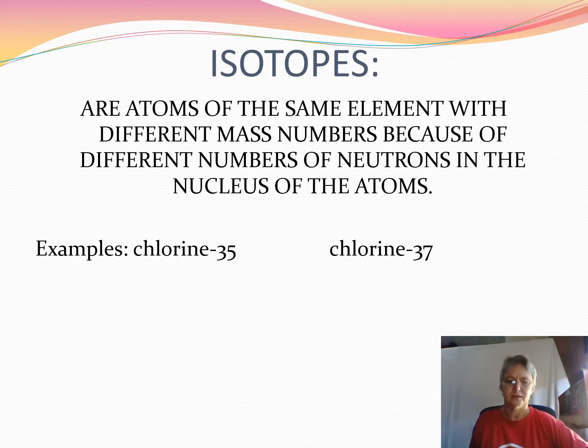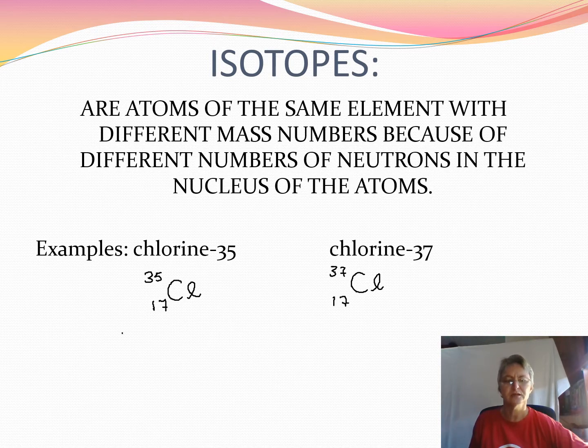Isotopes mean that you've got chlorine atoms. This is chlorine 35. So the mass number is 35, but the atomic number is 17. This one, chlorine 37, the mass number is 37, and the atomic number is 17.